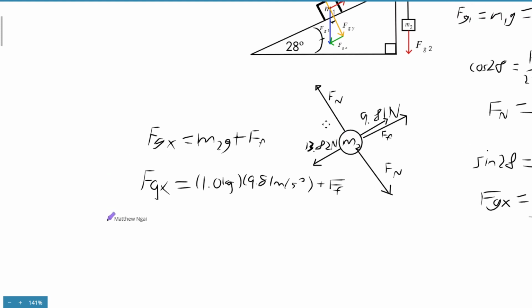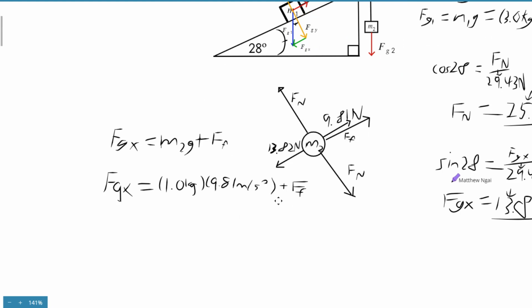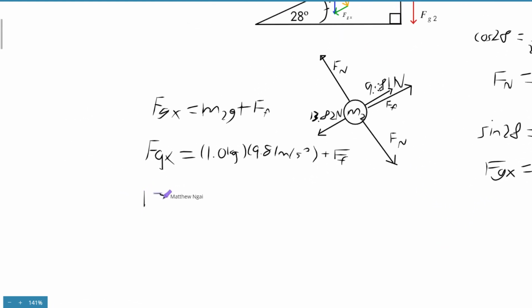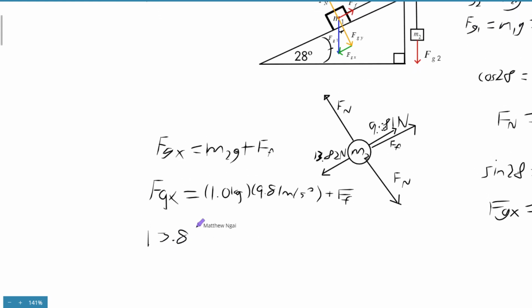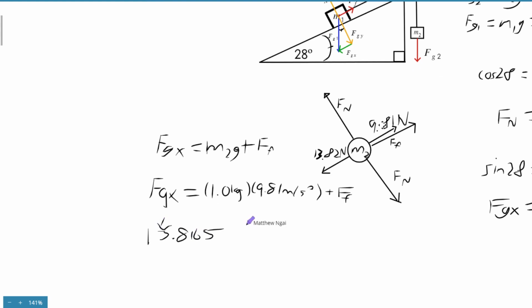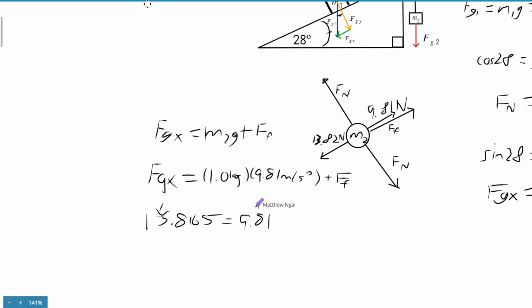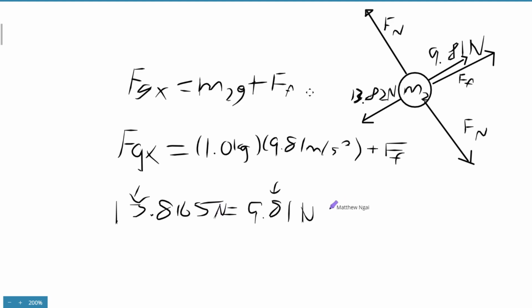So FGX is 13.8165 newtons with sig figs on the 3, equals 9.81 newtons, because it's just times 1, plus FF.